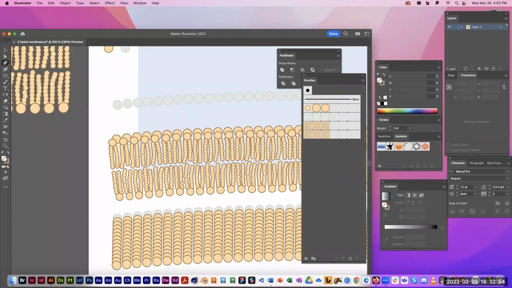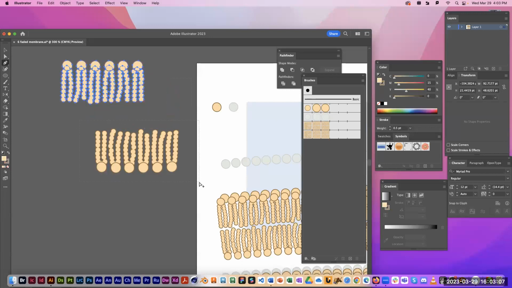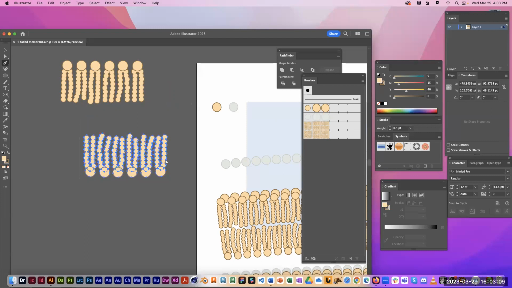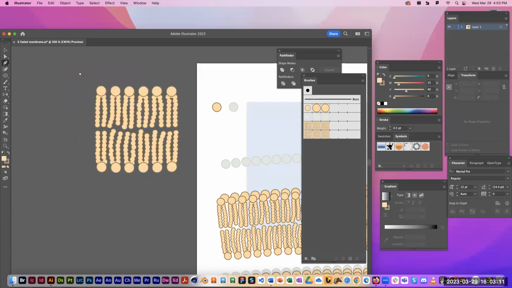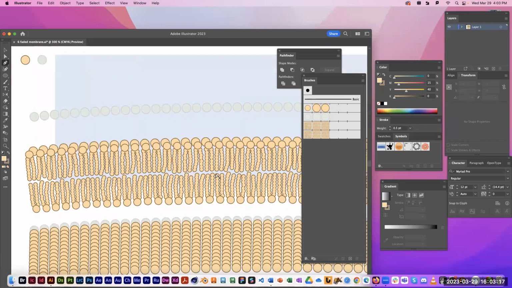So we're seeing both the outer layer up here, and then this would be the inner layer. But you can put those together to create one pattern brush to get both the outer and inner layers of the brush. So that's what this object is right here.